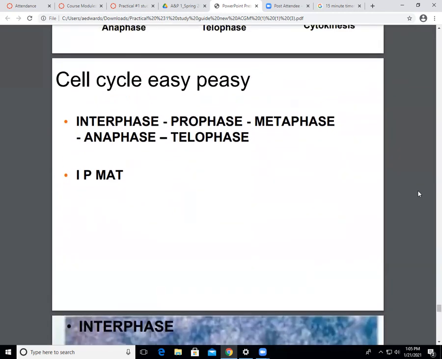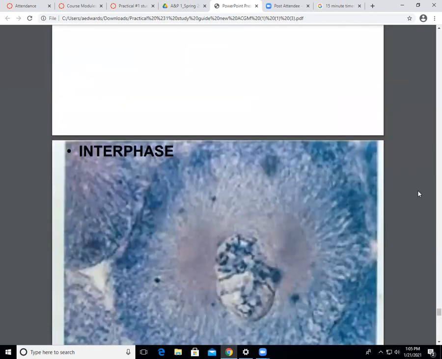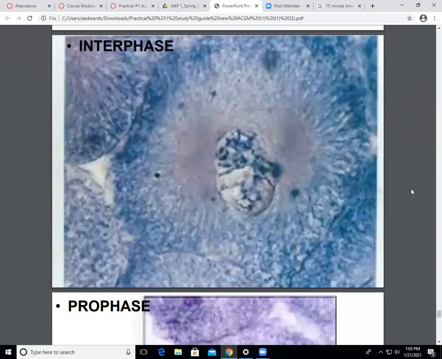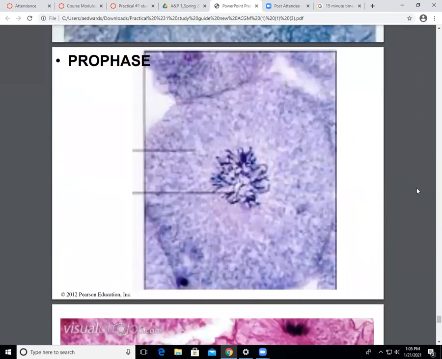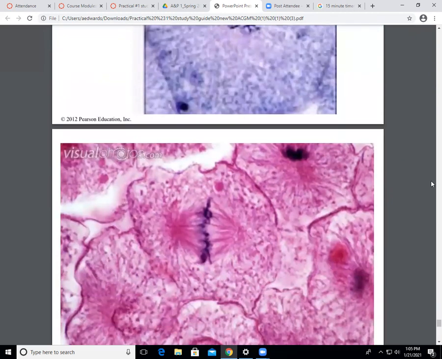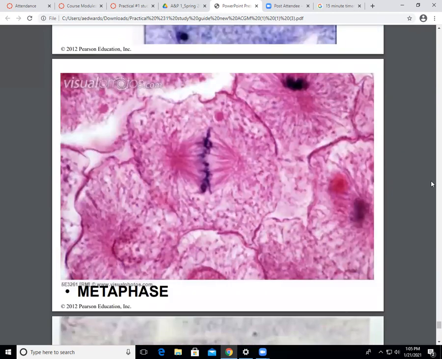Interphase, prophase, metaphase, anaphase, telophase. IPMAT. Again, interphase: one cell with the DNA spread out. See nuclear membrane. Prophase, DNA starting to get more packed together. Metaphase, see that line?